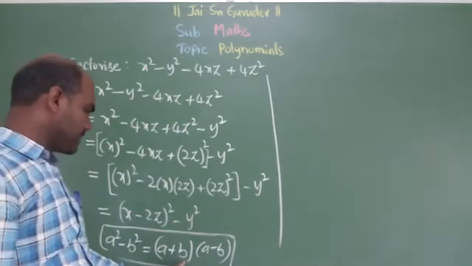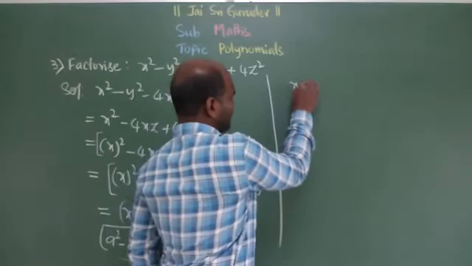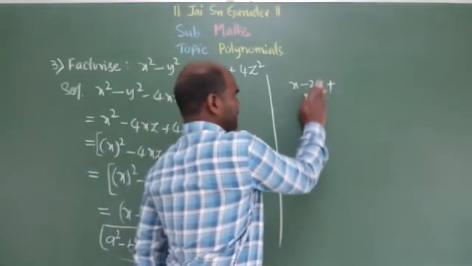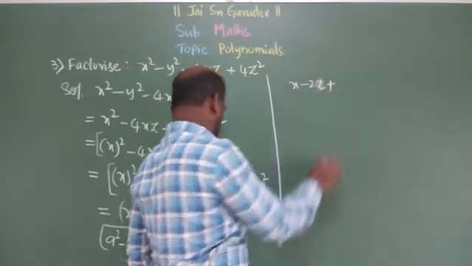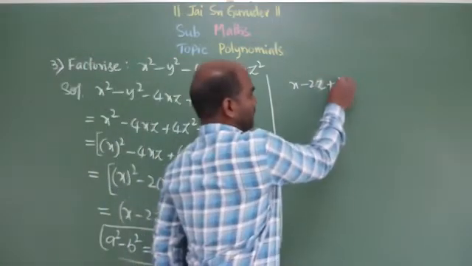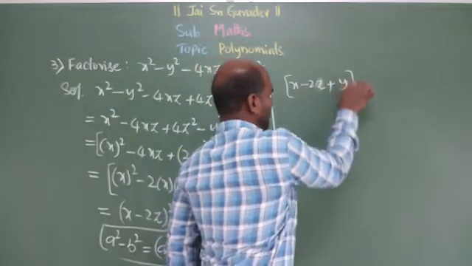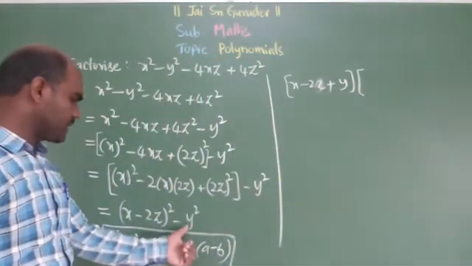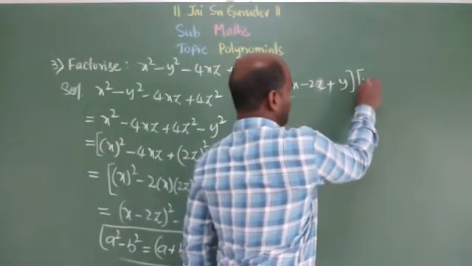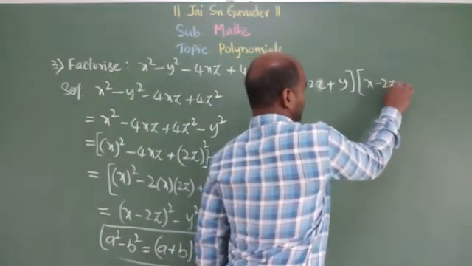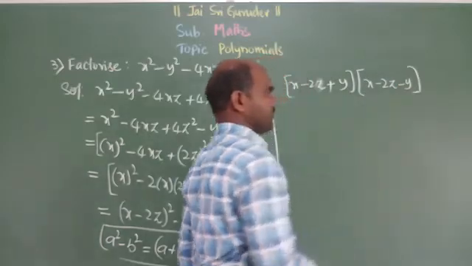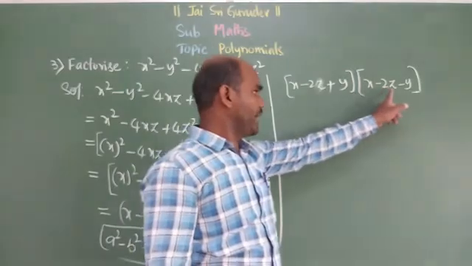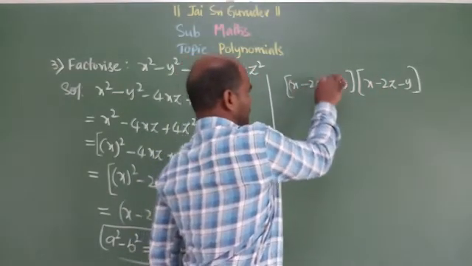So a plus b means x minus 2y plus 2z minus y. a plus b. Next is a minus b. What is a minus b, children? a means x minus 2z minus y. This one, children, a plus b into a minus b. Okay, I will put the brackets.